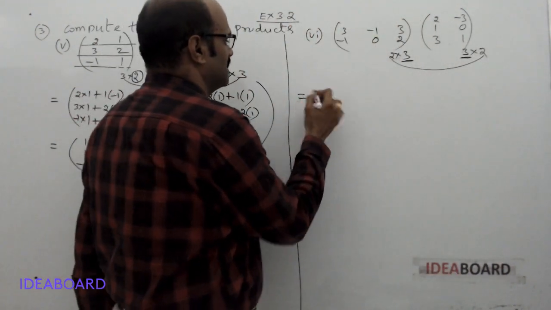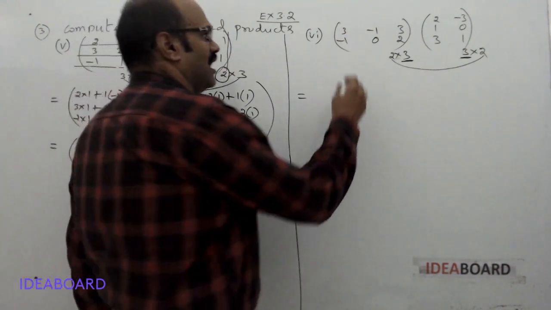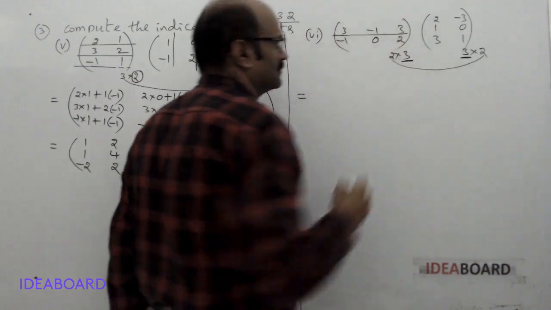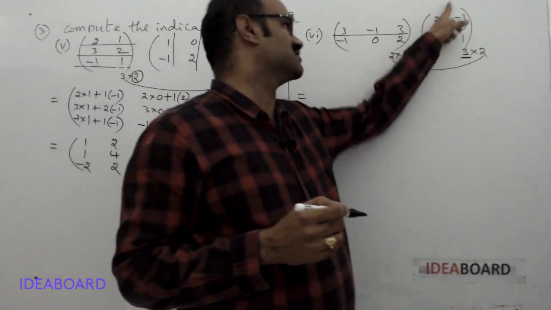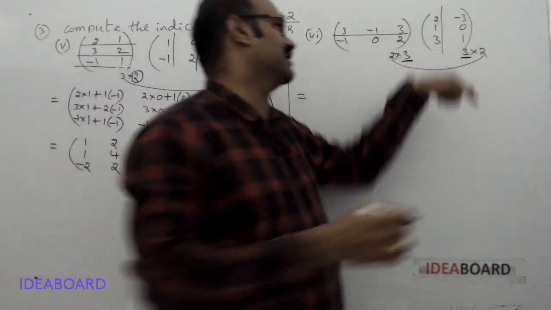Now first we have to take R1, first row with the first column. Next, first row with the second column.